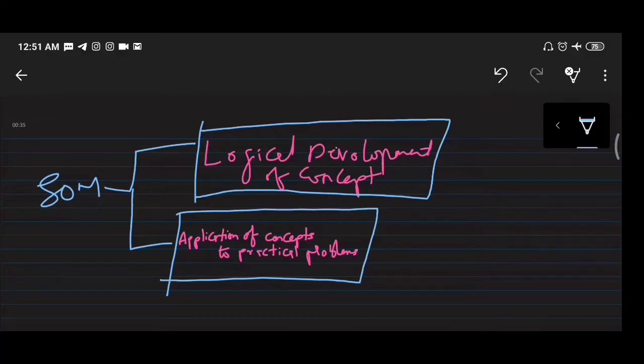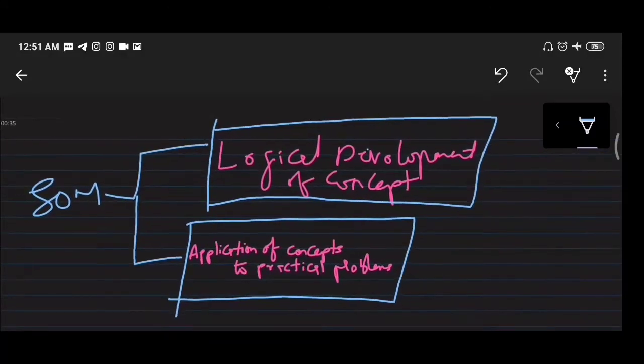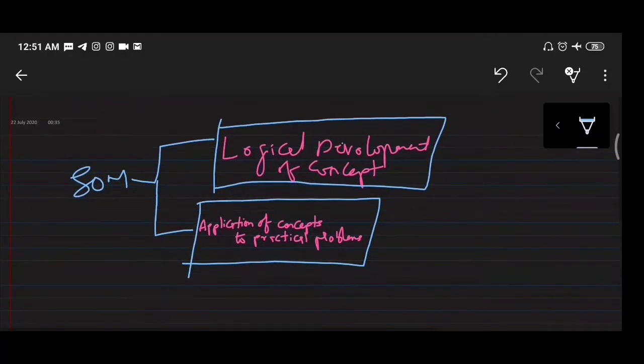So one is logical concepts, and those concepts we are going to apply to practical problems. Like I mentioned, it is most important as a civil engineer to know the material properties and characteristics of the material for the safe design. So as a civil engineer, we are going to design buildings, bridges, dams, etc. So what all are the elements used in this construction?